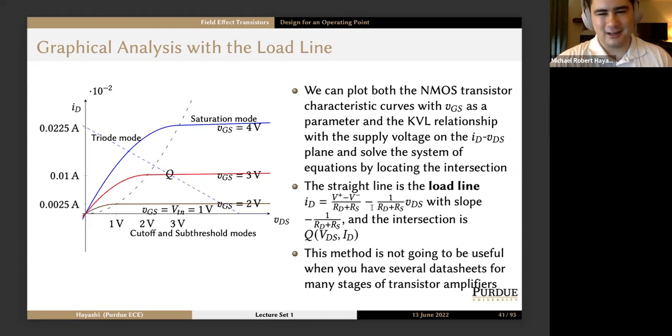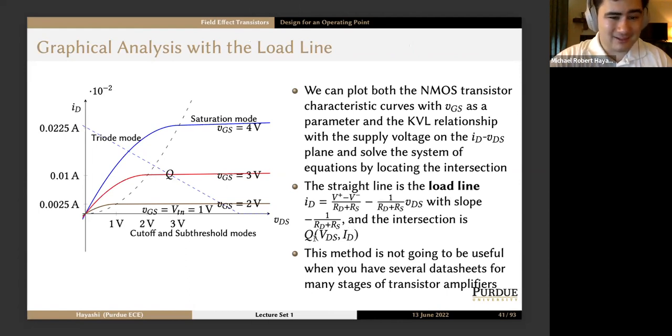As you can see, this first term is the y-intercept, minus 1 over RD plus RS is the slope, and the intersection point for VGS equals 3 is our Q point, our quiescent operating point, which is the DC values of VDS and ID that we should expect.